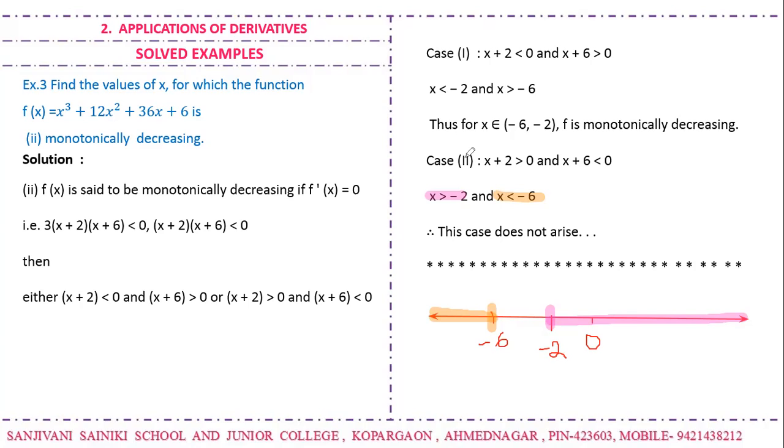So this condition does not arise. So the function is decreasing only on the open interval minus 6 to minus 2. So this is all about increasing and decreasing functions. In the next lecture we will see maxima and minima, and how to find them.